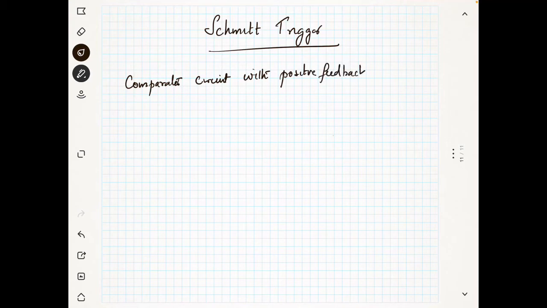It has a particular phenomenon which is known as hysteresis, that we will discuss. First of all, we will see what the circuit diagram is. This is plus and minus, and you can give the input here, V in.